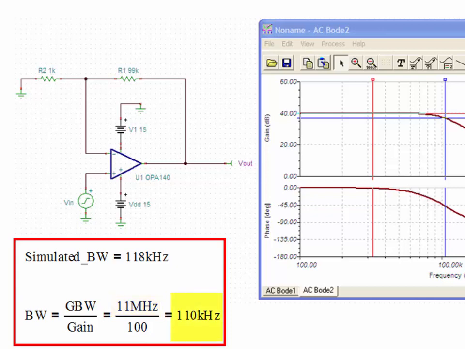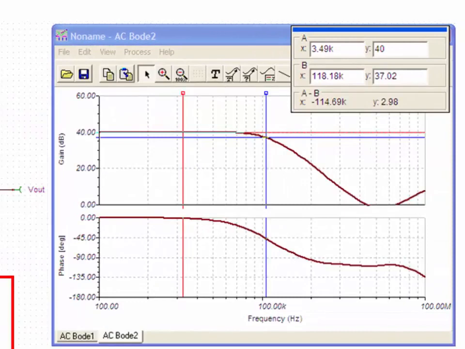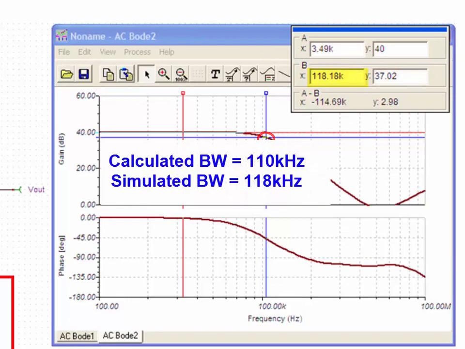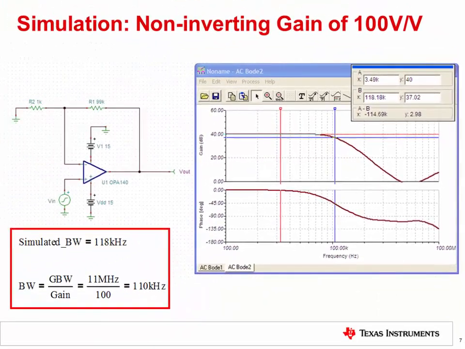Given that our closed loop gain is 100 volts per volt, we find that the calculated bandwidth is 110 kHz. Here we simulate the closed loop bandwidth of the given circuit. At the minus 3 dB point, or 37 dB, the simulated bandwidth is 118 kHz. Though not exact, we have correlation between our calculated and simulated results.